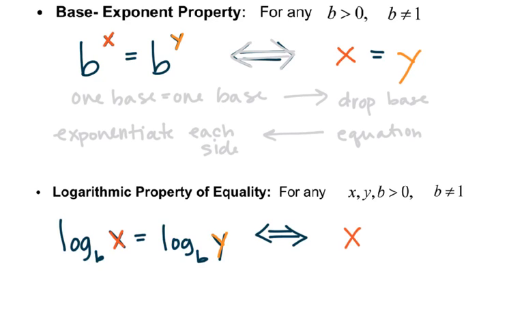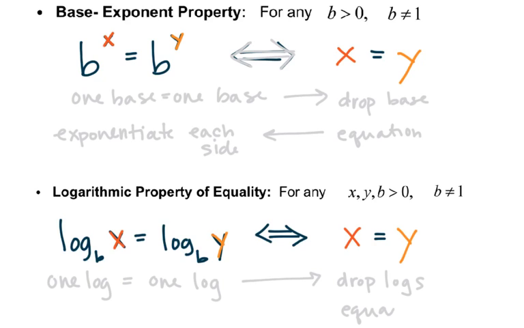So we can come over here and say, well, x equals y. Or if we have an equation going the opposite direction, we can take the log of both sides.